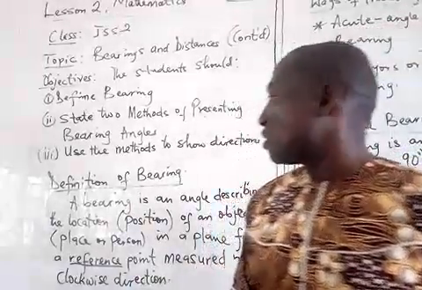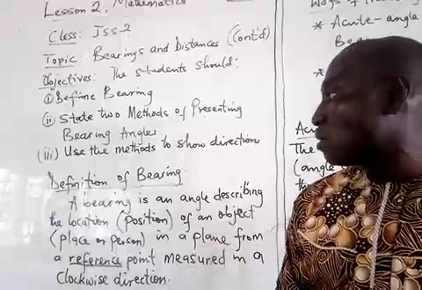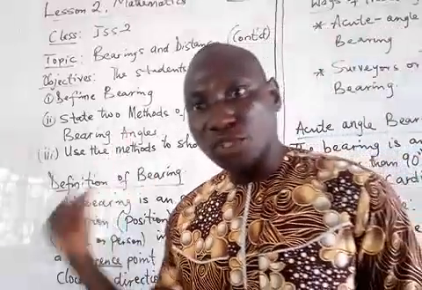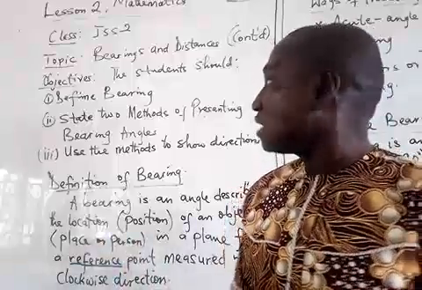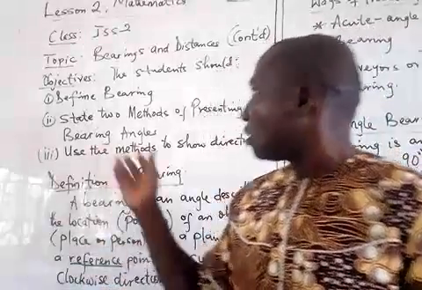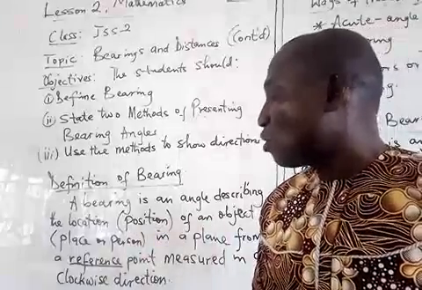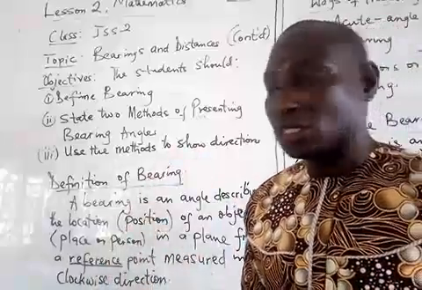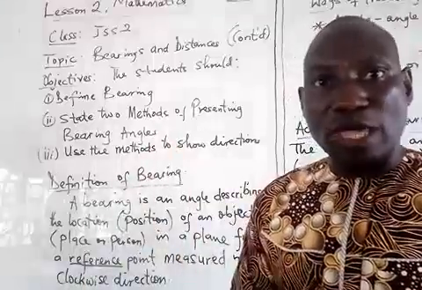When we talk about bearing, what do we actually mean by bearing? But before I delve into this, let's recap what we studied in the first lesson. In our first lesson, we looked at how to give directions using the cardinal points. We agreed that there are four primary cardinal points: the north, the south, the east, and the west.